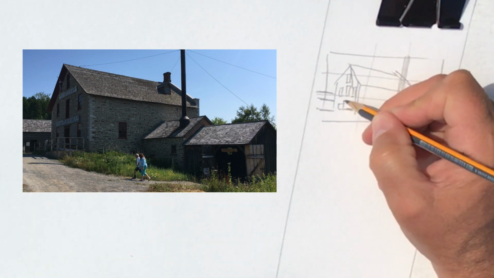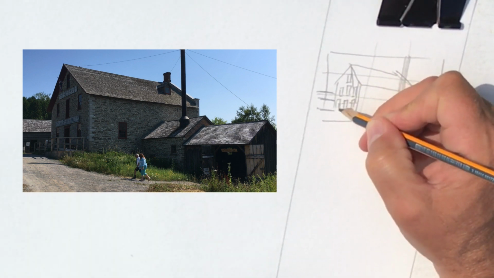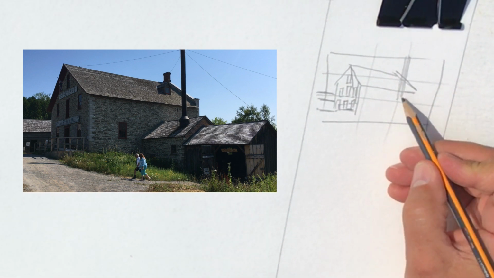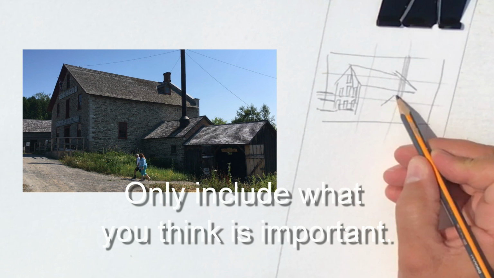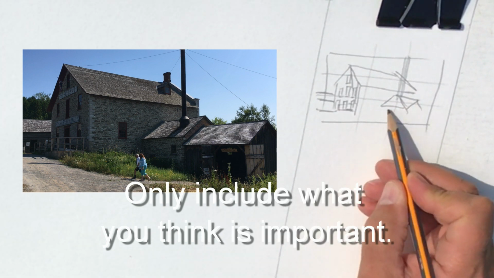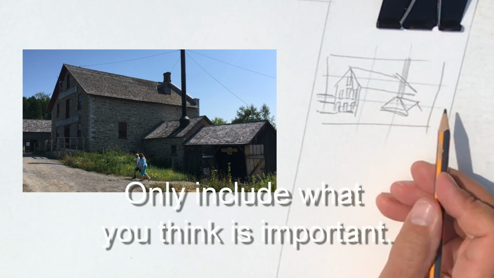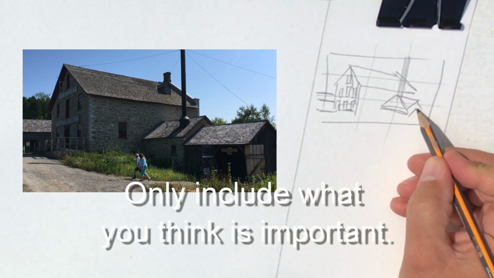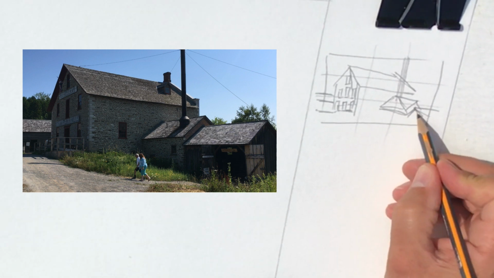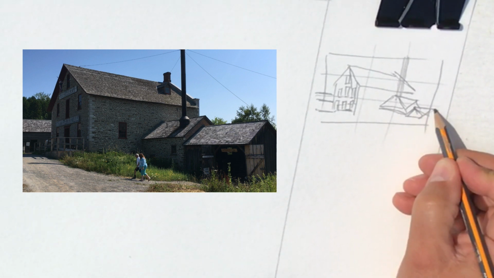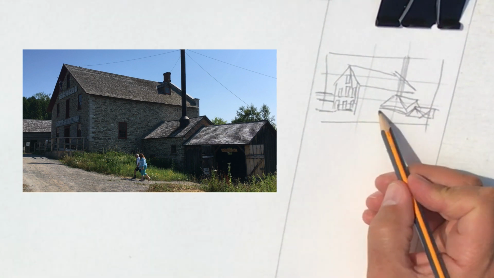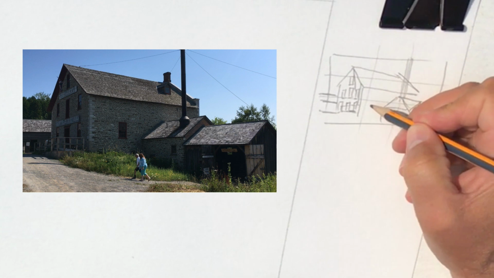So we have to make some decisions about, are we going to include all of these elements, or are we not going to include all these elements? There's a building like this that comes off here. This joins onto this, and then there's another building here that joins onto this and comes off here, and then we get the front of this over here. So how much of this are we going to include? How much of this are we going to exclude?